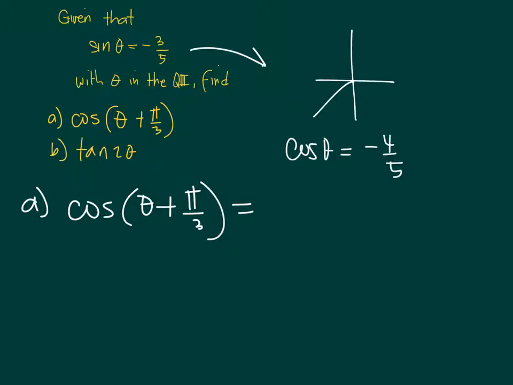What should we do? Not yet. Well, later on. But let's focus on cosine of theta plus pi over 3. We cannot put the numbers negative 4 over 5 and negative 3 over 5 directly. So, what should we do first?